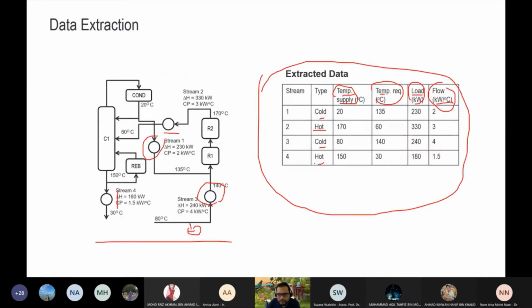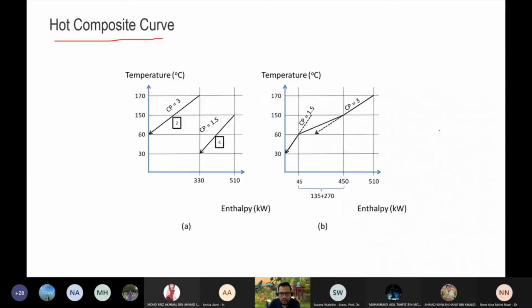Stream number 2 starts from 170, ends at 60, and it has this MCP of 3. Yeah, 170, 60, and 3. So this CP or MCP matters because we have this temperature, we have this enthalpy, and we know that Q equals MCP delta T, right?